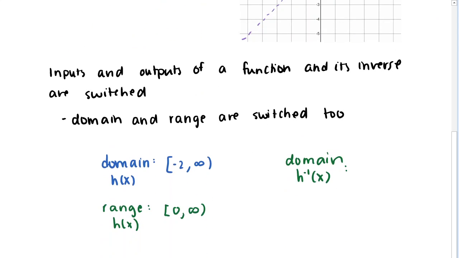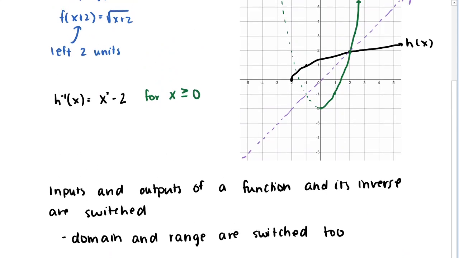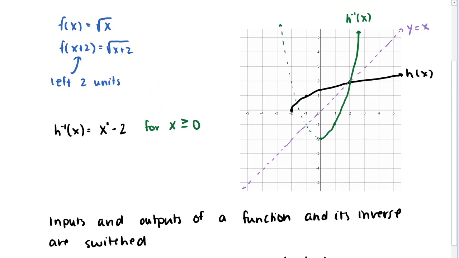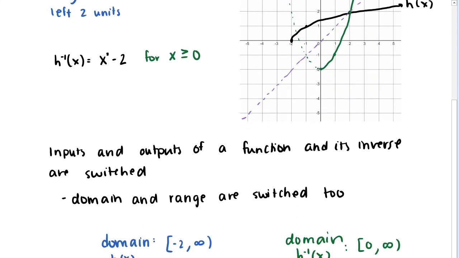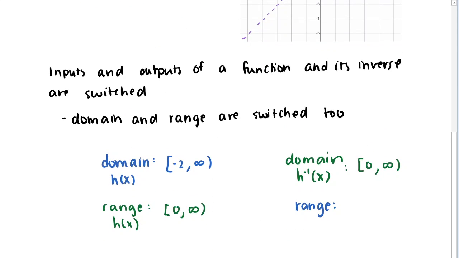So here this looks like a domain of 0 to infinity, and then the range, well, again, we can sort of look at it. We can see that it starts at the lowest value of -2 and goes upwards forever. So here this has a range of -2 to infinity. And we can see that the domain and the range between these two functions have swapped.